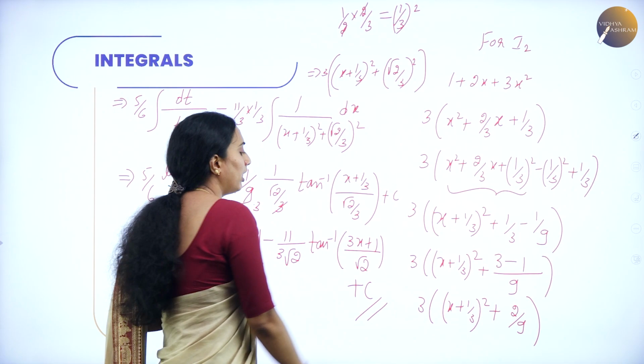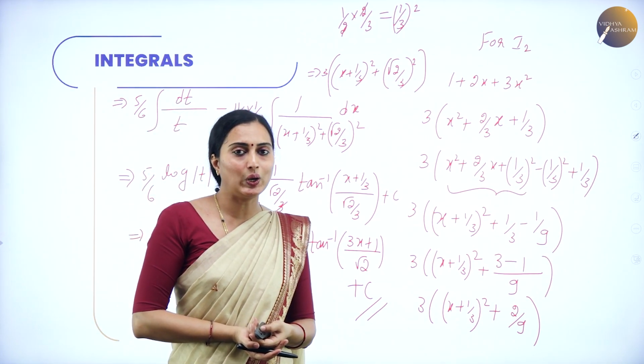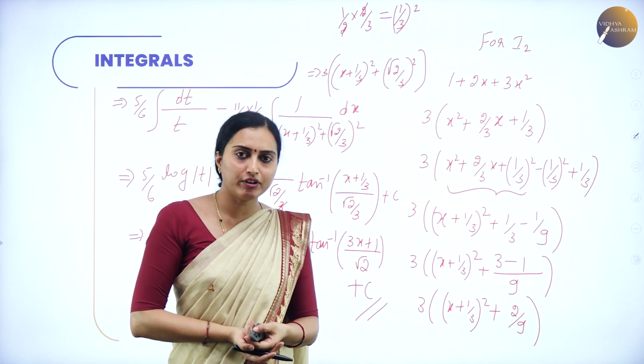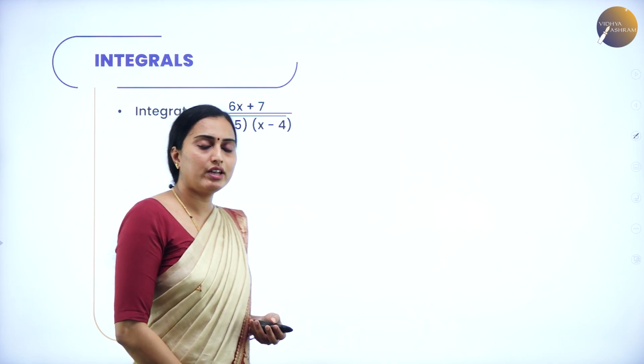And this is your final answer you are going to get for that one. I hope you got all these steps, for I1 how to integrate, for I2 how to integrate. Now we'll be moving on to the next question, dears.